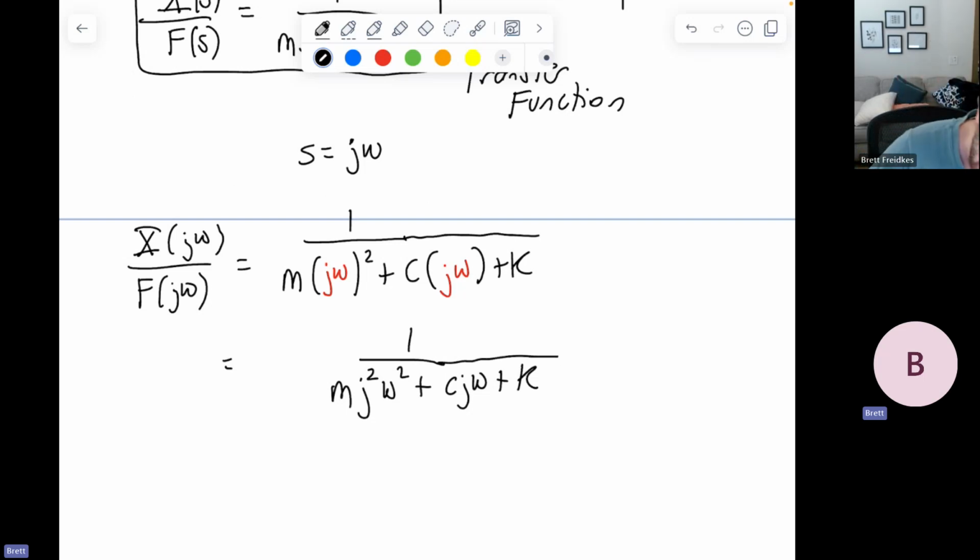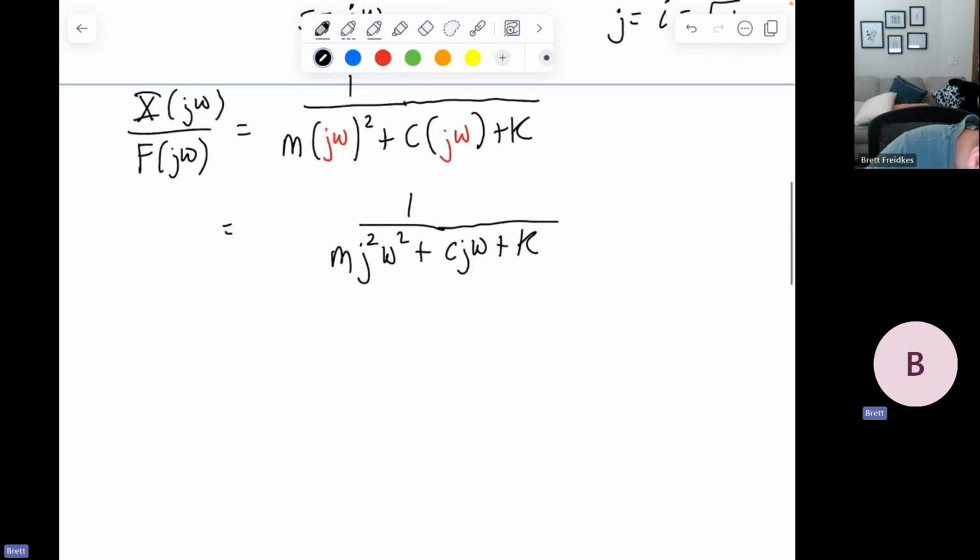And then since j is the same thing as i, mathematically speaking, this is the square root of -1. j squared will be just -1. So again, this term is going to be -1. So this will be 1 over negative m omega squared plus, and I'll put the j in the front here, j omega c plus k.